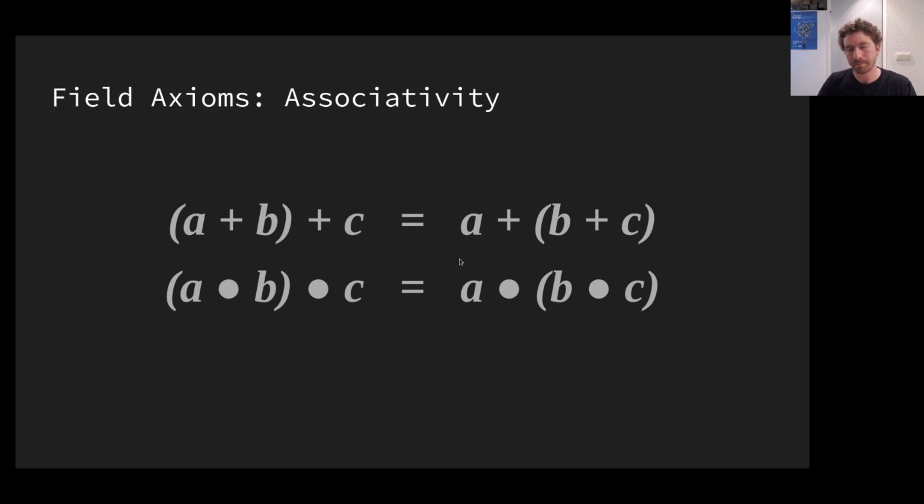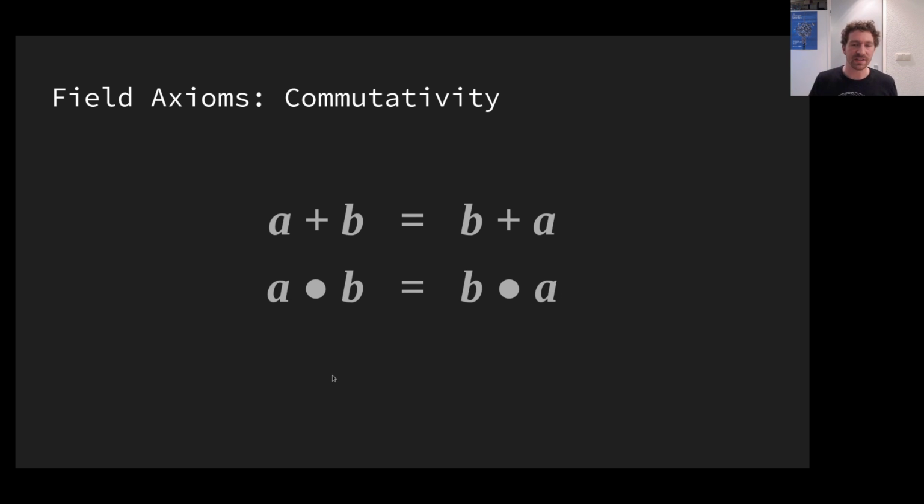So the order in which I do the addition operation cannot have an effect. It cannot be different that I do A plus B plus C versus doing B plus C plus A. So that's the first rule. And we have to do the same with the multiplication. So that also has to obey this same property.